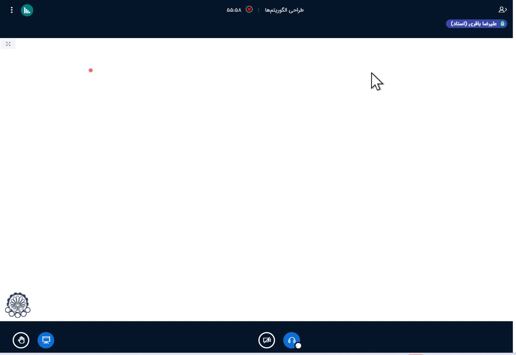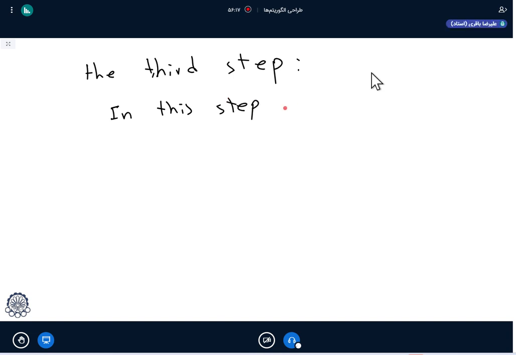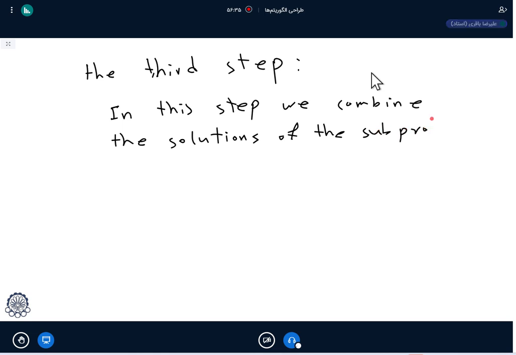What about the last step, the third step? In this step, we should combine the solutions of the subproblems.